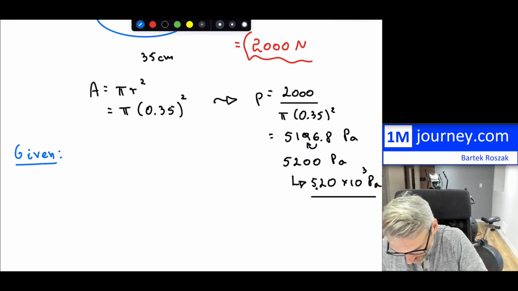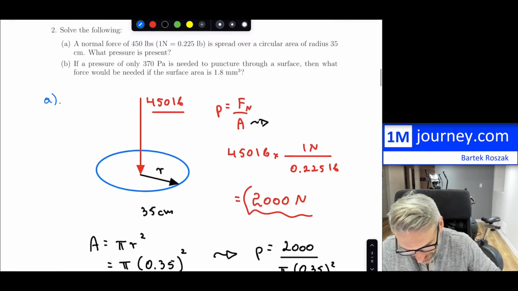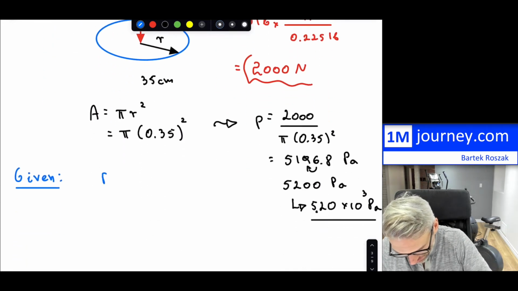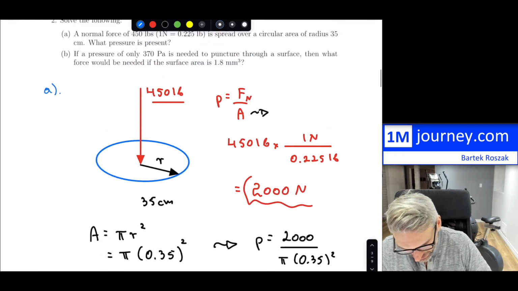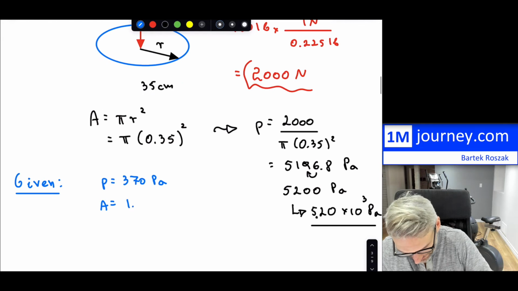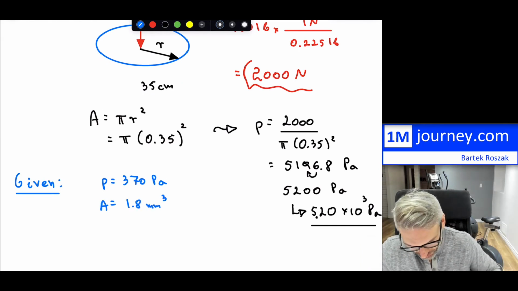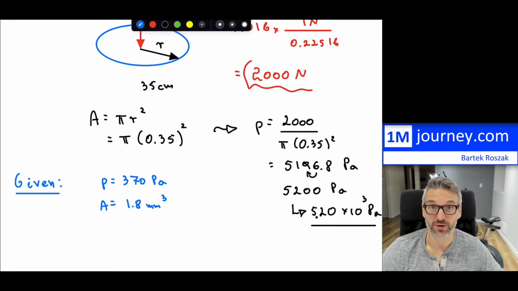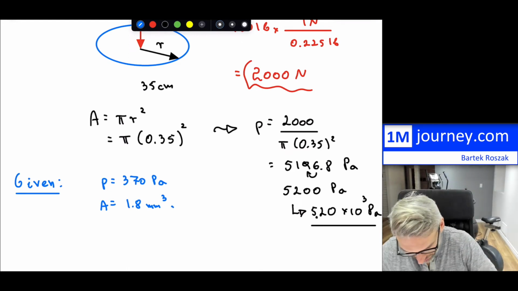I'm trying to puncture through a surface. So 370 is the pressure, in pascals. Now the surface area, this looks very tiny, which is 1.8 millimeters cubed.